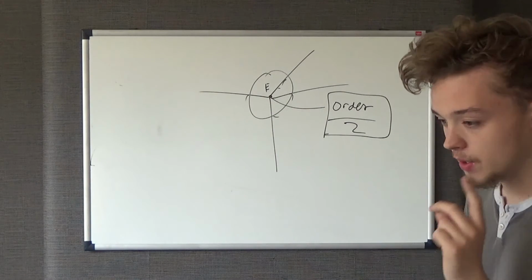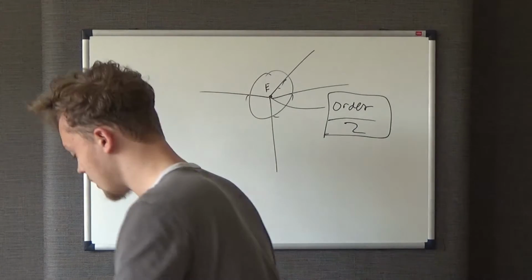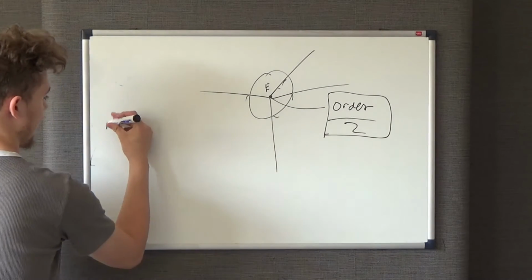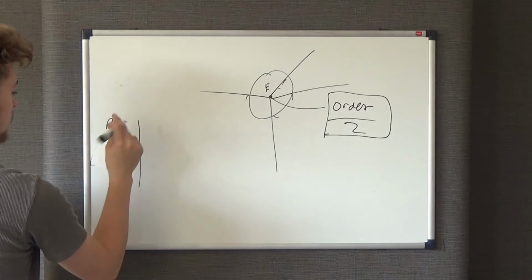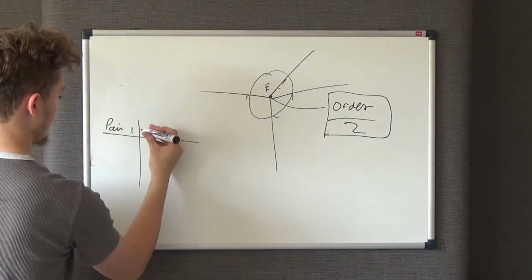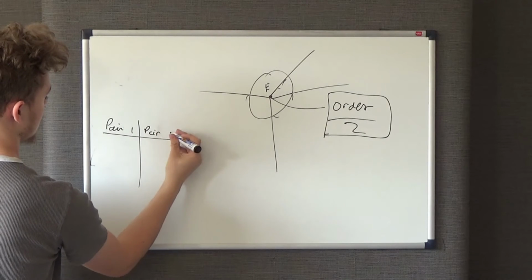By the way, in the Chinese Postman algorithm, when you've worked out these pairs, I'll just come up with a couple to show you this given point. We'll go pair 1, pair 2, pair 3.